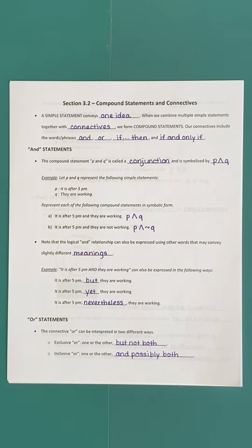Now, we're also going to find that with some of these words and phrases, there are alternate words that express the same kind of logical relationship. So we use different words in the English language to communicate subtle differences in meaning, but in terms of how they function logically, there are different words that may function the same way logically. So we'll talk about that as well.